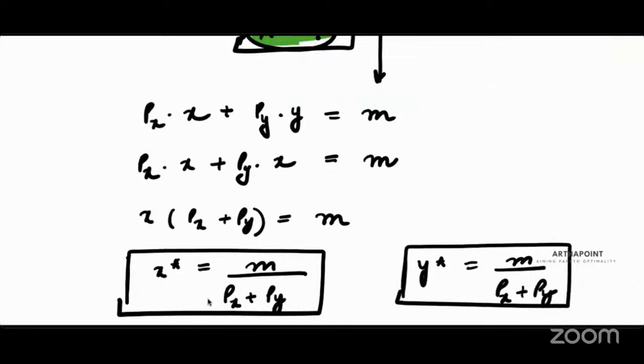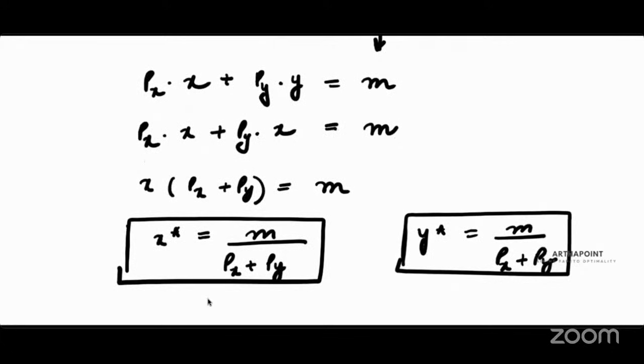You should do enough practice of deriving the Marshallian demand curves so that if in exam you get a question related to these curves, at least this basic answer you should know. That comes with practice. You should know that it is m by px plus py when I have a function min xy.